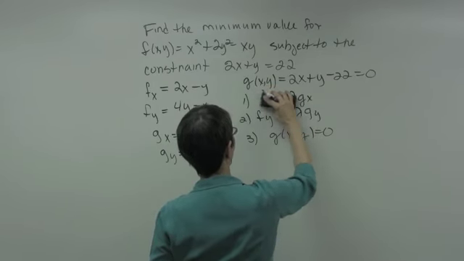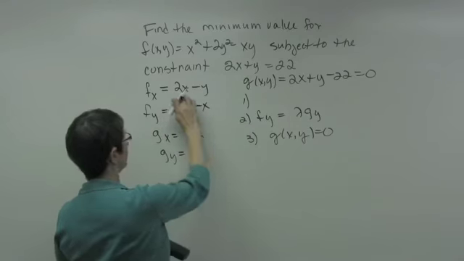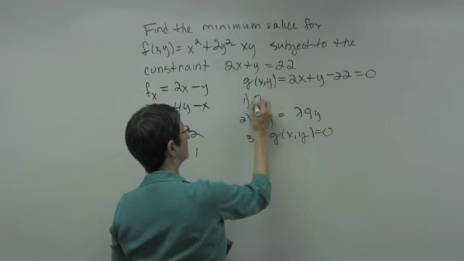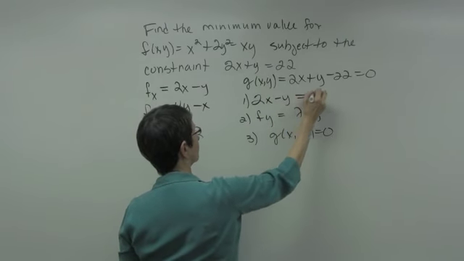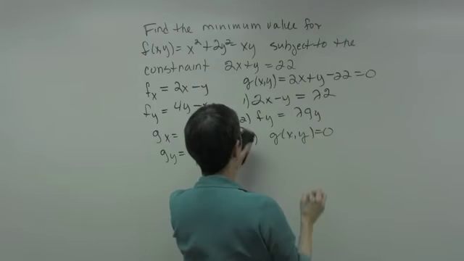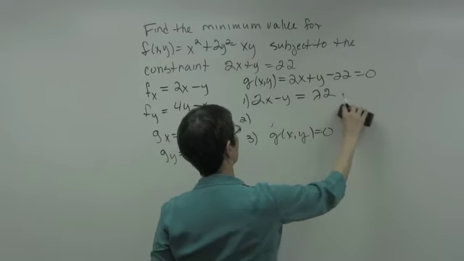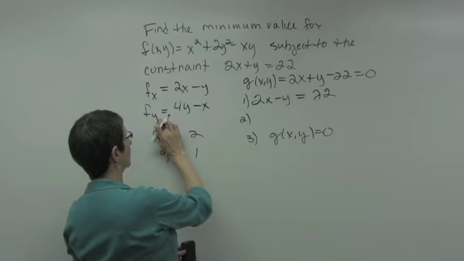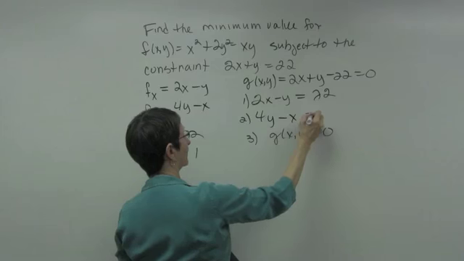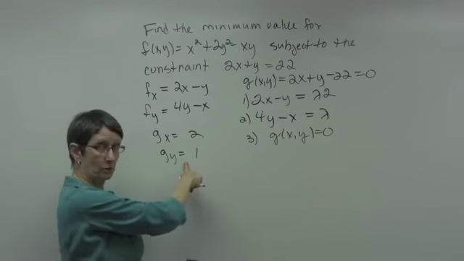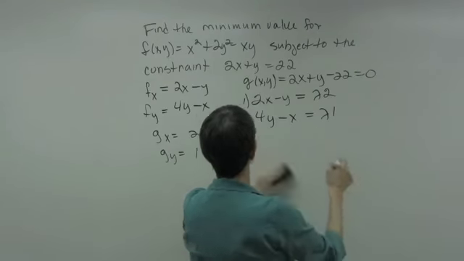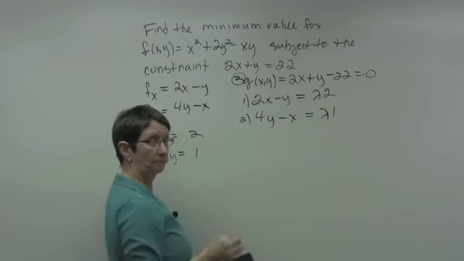Partial of f with respect to x is my first equation: 2x minus y set equal to lambda times the partial of g with respect to x, which is 2. My second equation, the y's, partial of f with respect to y is 4y minus x equal to lambda times the partial of g with respect to y. And my constraint equation is this one up here. I'll just go ahead and call that number 3 up there.